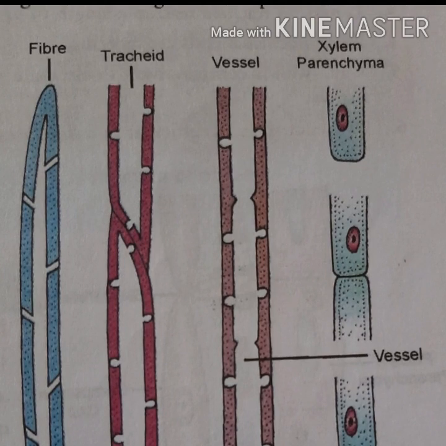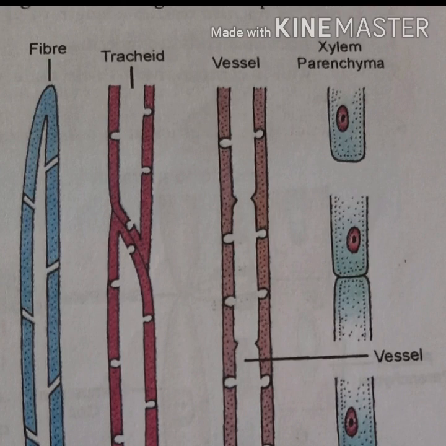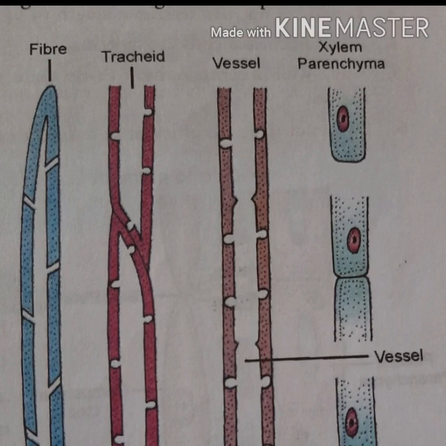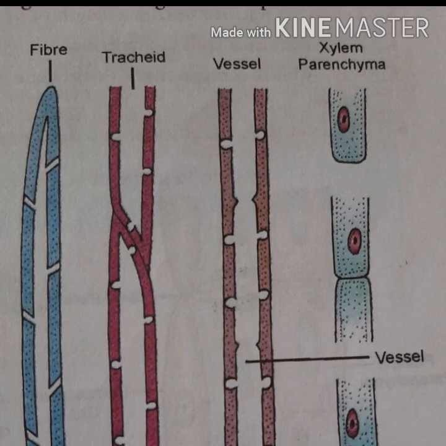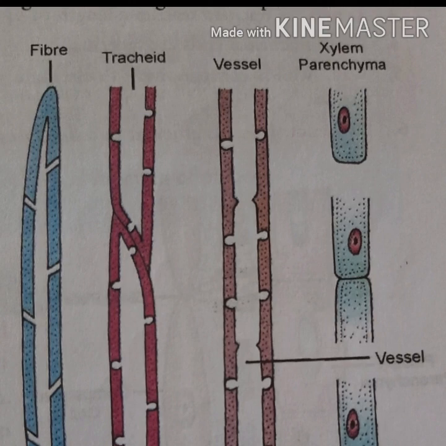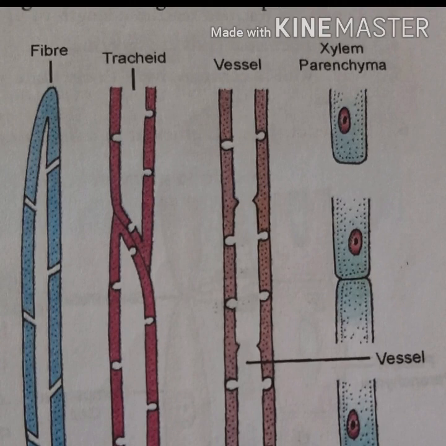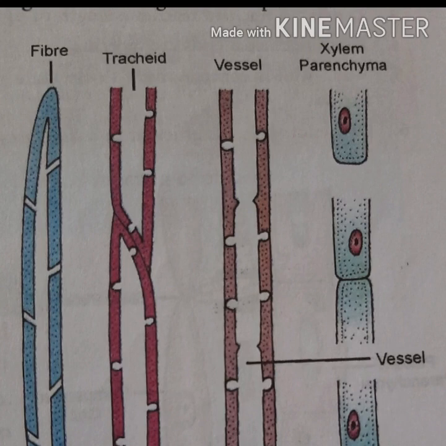Vessels, they are very long tubes which are formed by end-to-end union of a large number of dead empty cells where the transverse walls break down completely. The walls are lignified. Except xylem parenchyma, others are dead. So this is also a dead cell. Vessels and tracheids are conducting elements of xylem.